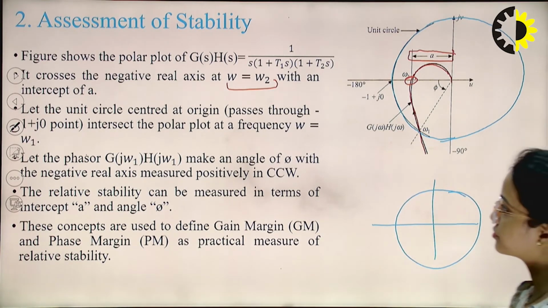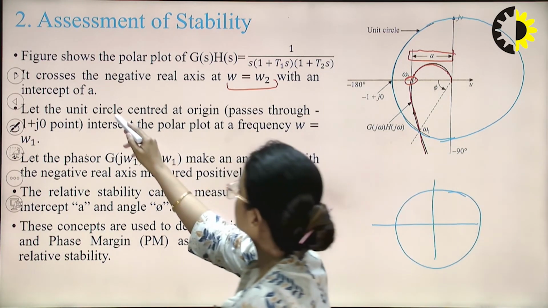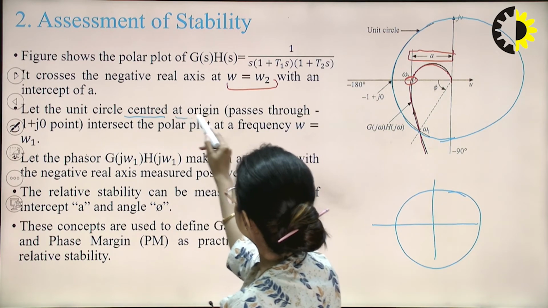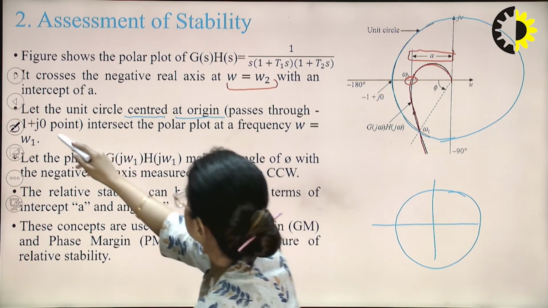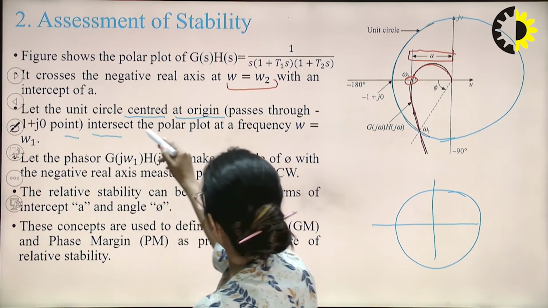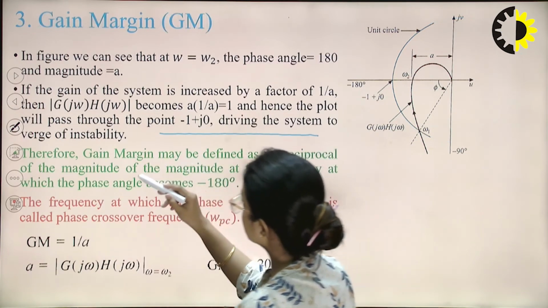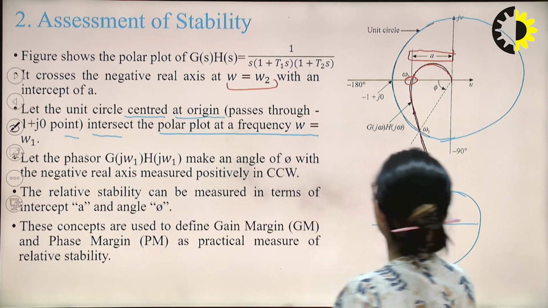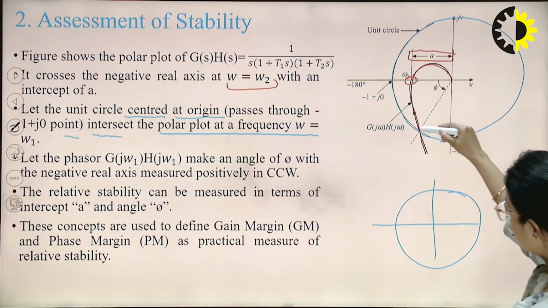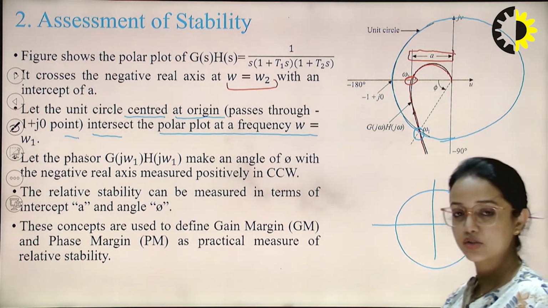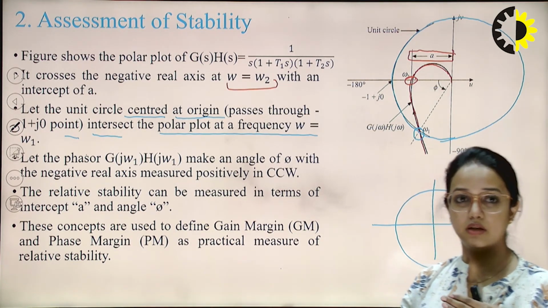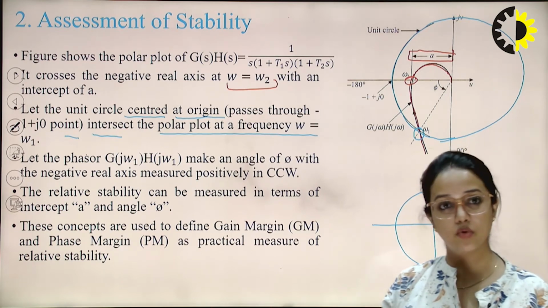Now, let the unit circle, centered at the origin and passing through -1 + j0, intersect the polar plot at frequency omega equals omega 1. This is another new frequency, where the unit circle intersects the polar plot.